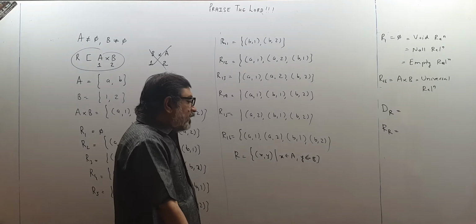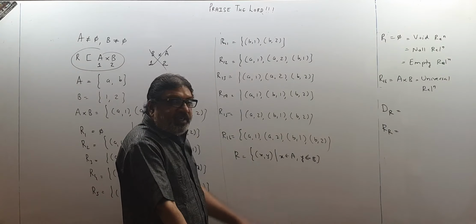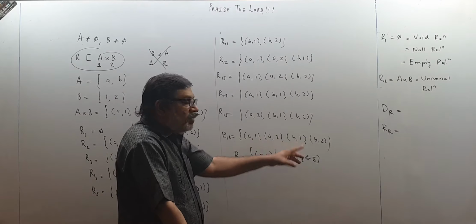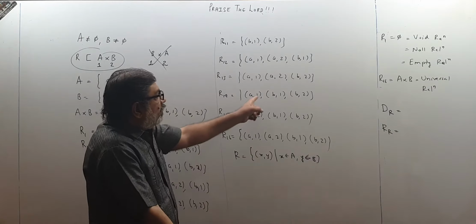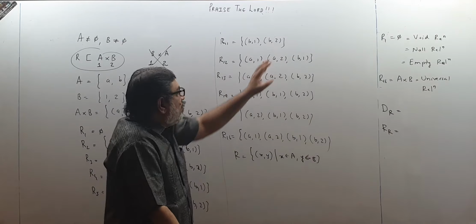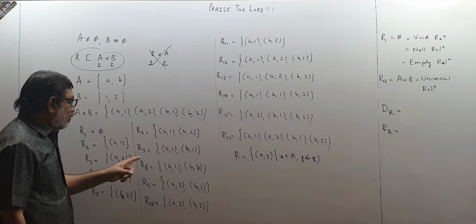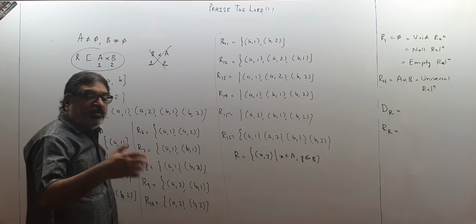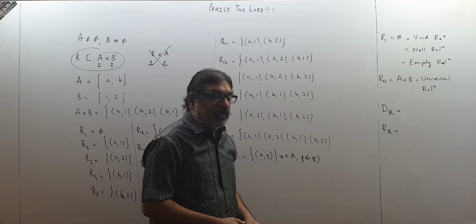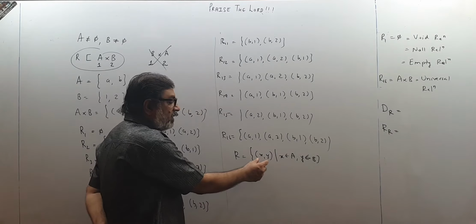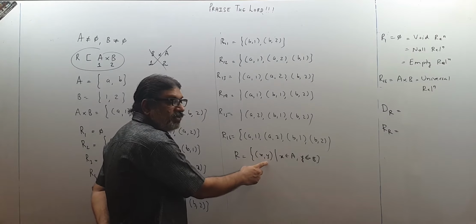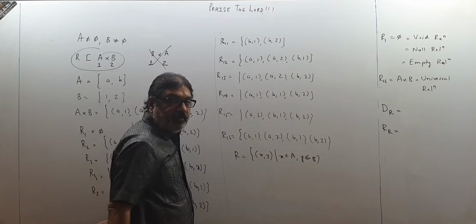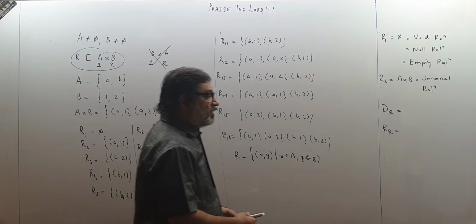So please remember children, the collection of second elements in the relation, like 1 and 2, over here 1 and 2, over here 1, 2, over here only 1, only 2, something like this. So the collection of second elements of the ordered pair. If the ordered pair is xy, the collection of second elements which come from the second set will be called the range of the relation.